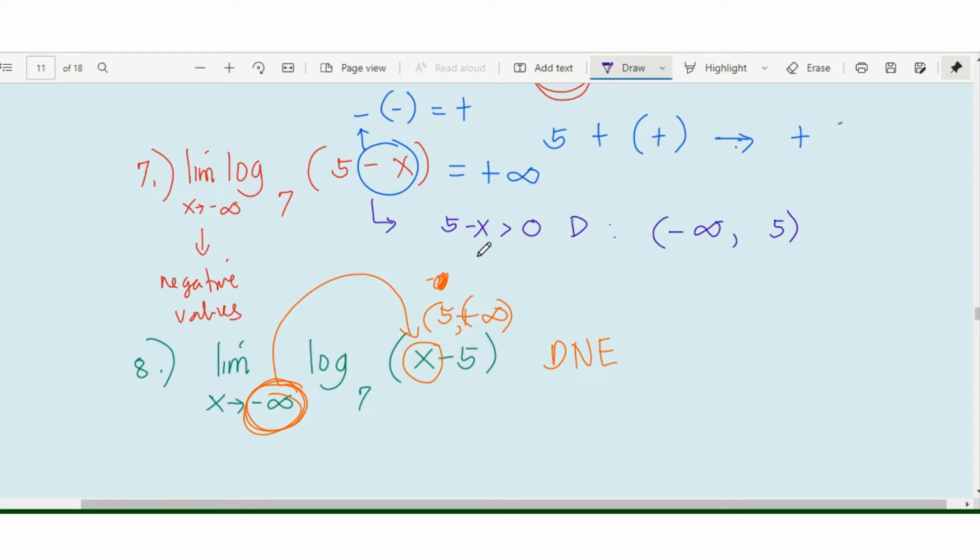So you have negative x is greater than negative 5. So when you divide both sides by negative 1, from greater than na symbol, magpapalit yan into less than, x less than positive 5.